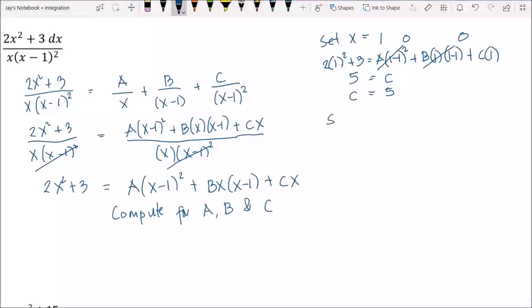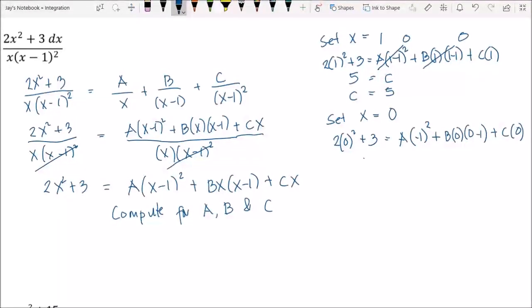Now, let's assign another value of x. So our x here could be, let's say, equal to 0. Okay, so let's try. That is 2 times 0 squared plus 3 equals a times 0 minus 1, that is equivalent to negative 1 squared, plus b times 0 minus 1 plus c times 0.